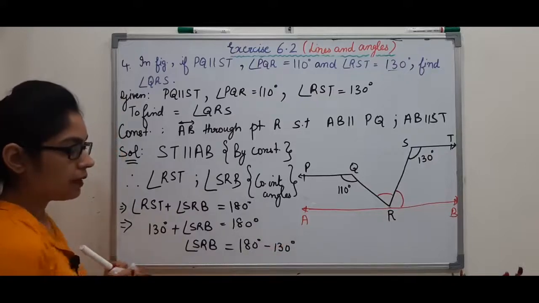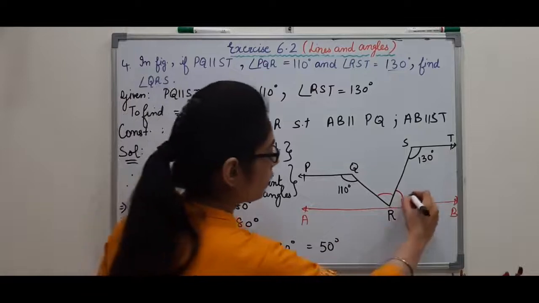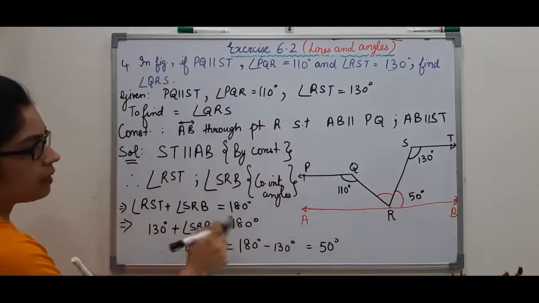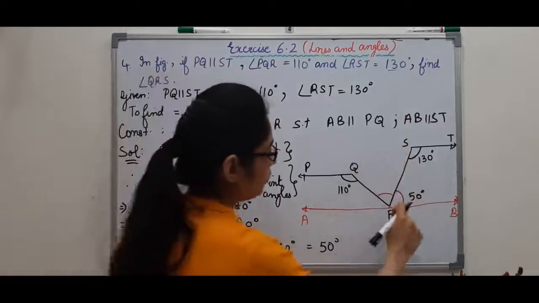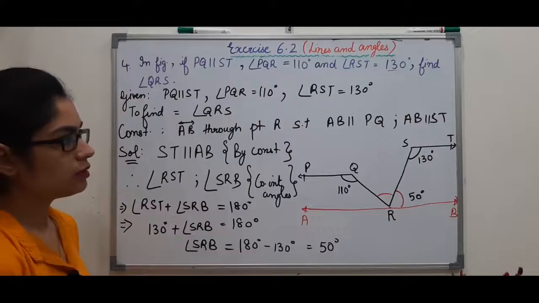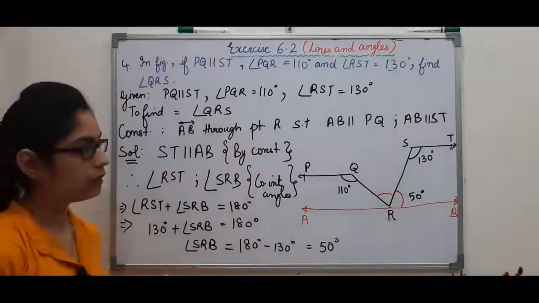So 180 minus 130 is equal to 50 degrees. So we got the value of angle SRB equal to 50 degrees, which I have marked with red color. This is about the pair ST and AB, when these two lines are parallel to each other.